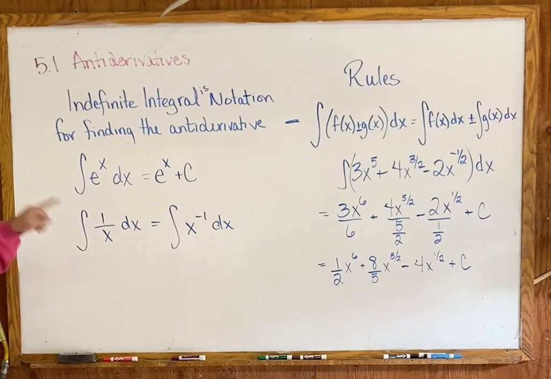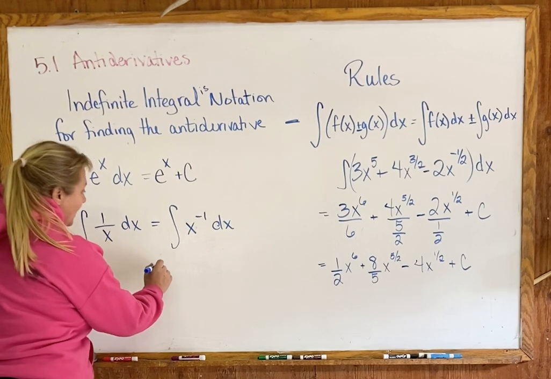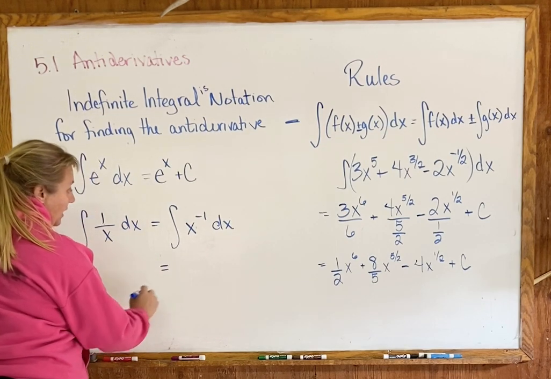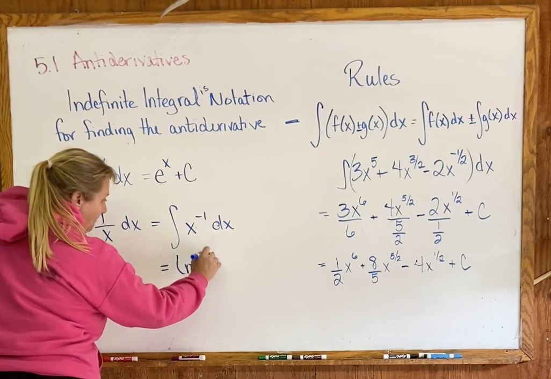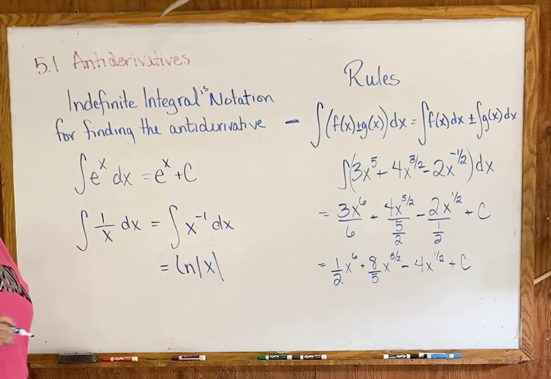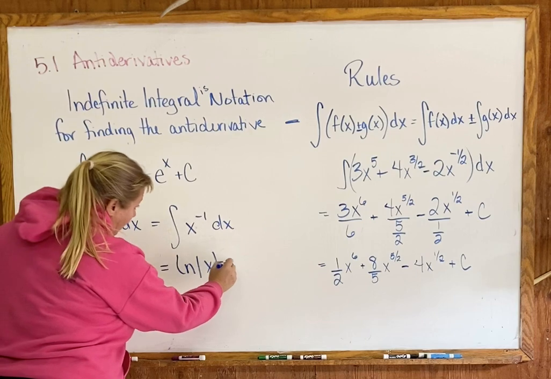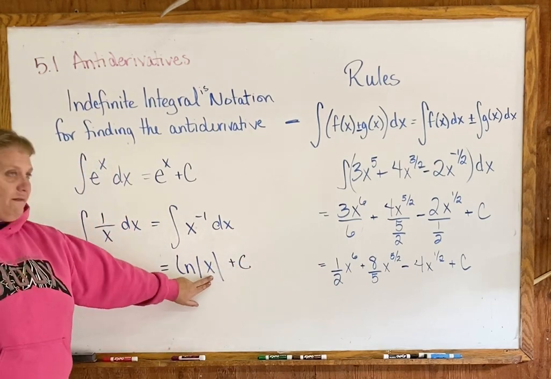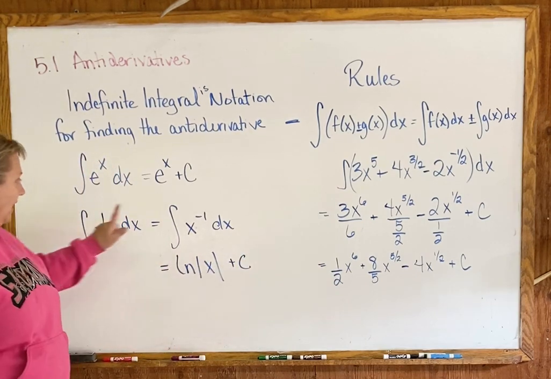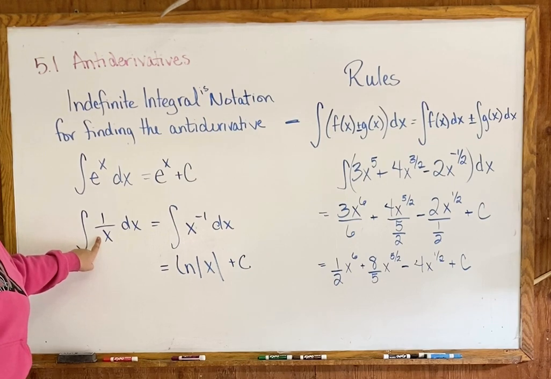So remember, you ask yourself, who had a derivative of 1 over x? And hopefully it's fresh because we just did it. So the antiderivative here, okay, is the ln of the absolute value of x. And then don't forget your plus c. But remember, ln of x, or ln of the absolute value of x, gave us a derivative of 1 over x.